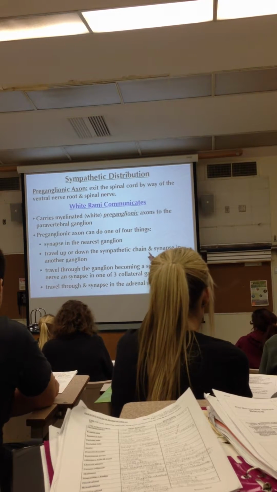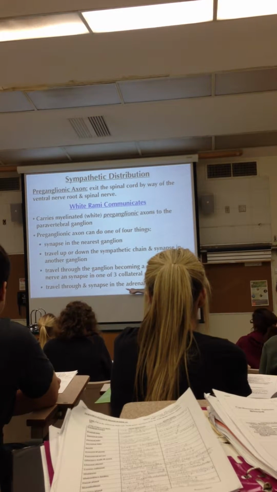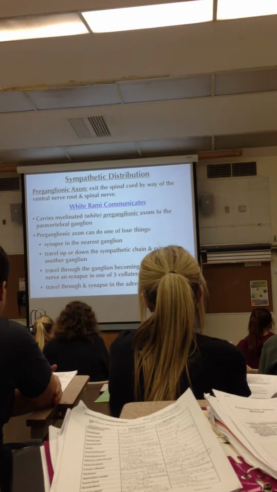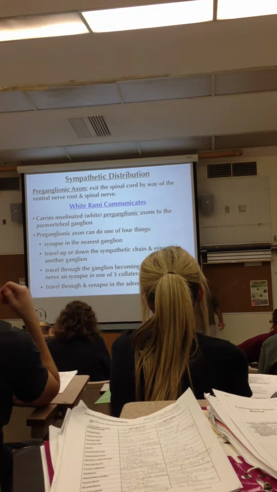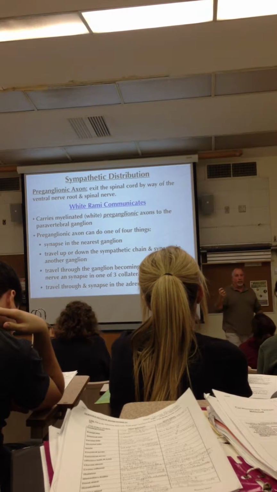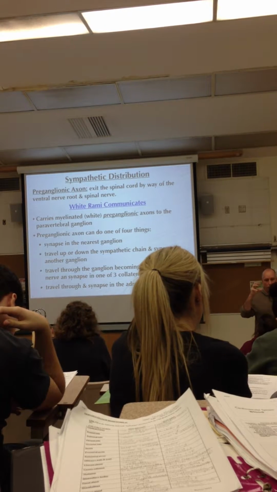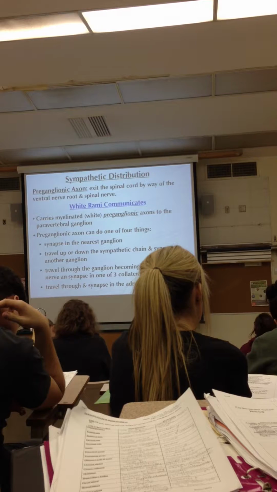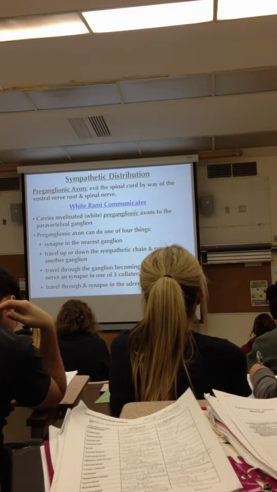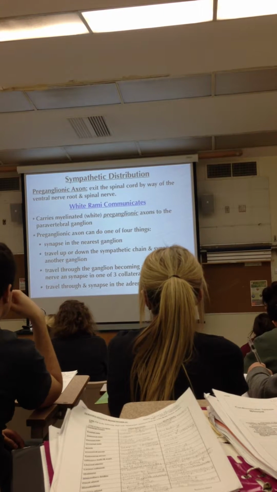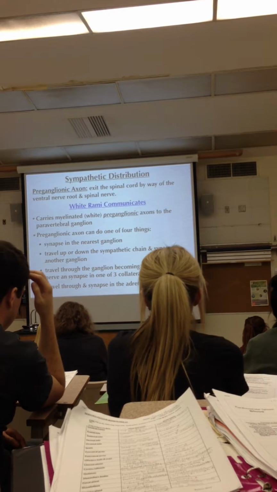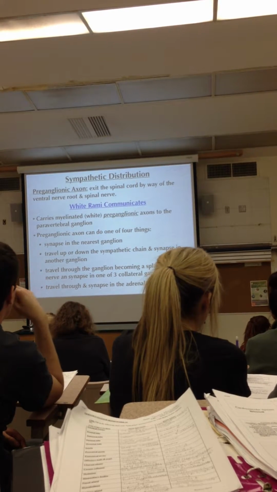Or it can do none of those and go through the ganglions and go directly into the adrenal medulla. And really the adrenal medulla, the inside of that adrenal gland, is really the second nerve. It's glandular tissue, but it's actually really like a second nerve. It's nervous tissue. So that's the four possible things that first nerve can do once it comes out.